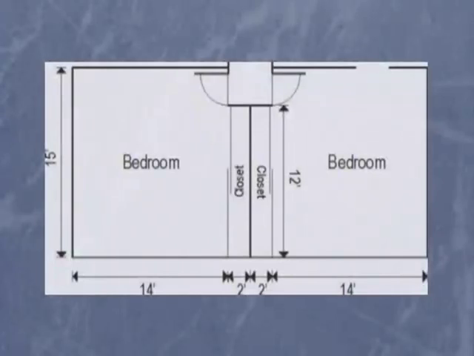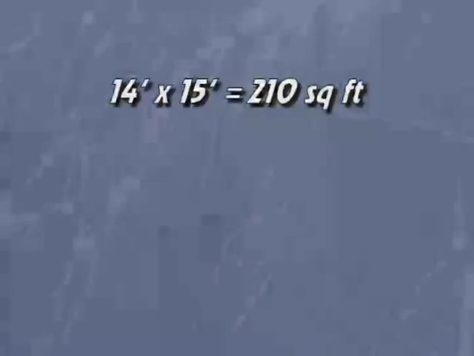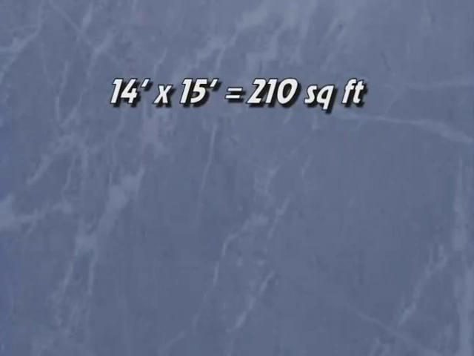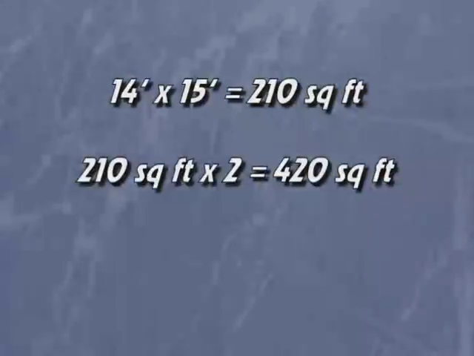Its other dimension is unwritten, but if we look carefully, we can see that it is indeed the same size as the first bedroom. So we have 2 bedrooms that are 14 by 15. 14 times 15 will give us 210 square feet, and we need to double that since we have 2 bedrooms. Then that will give us 420 square feet of carpet needed.